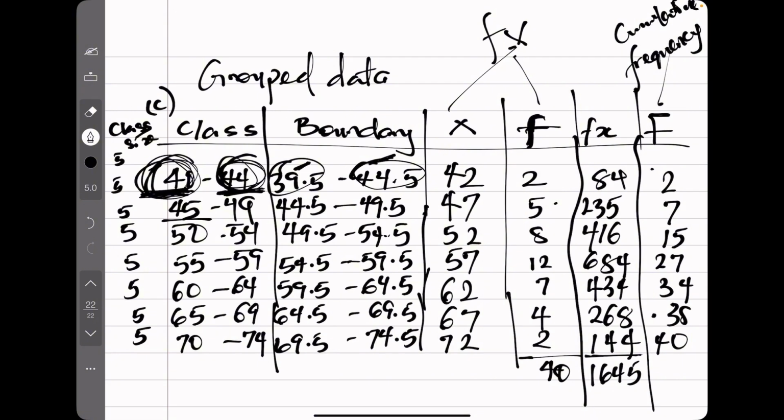So let's go again. 84 plus 235 plus 416 plus 684 plus 434 plus 268 plus 144. You see why I told us to cross check?